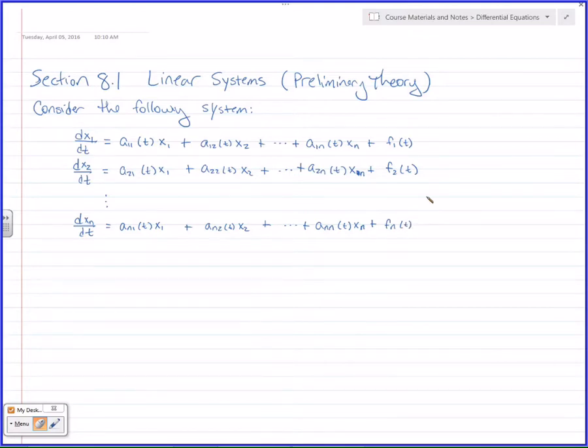I wrote an x2 here. This should have been an n right there. And it is Fn of t. So I have n squared coefficients for my x's, and then I've got n of these f functions here.